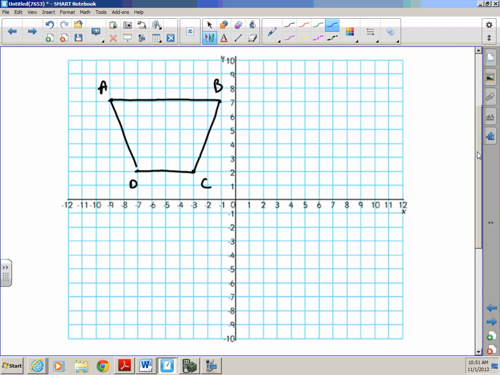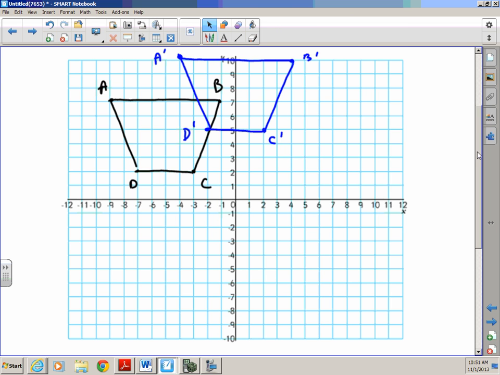Now, instead of the reflection coming first, the translation comes first. So I'm going to move everything 1, 2, 3, 4, 5 over, 1, 2, 3 up. That's new A. That's new B. That's new D. And there's new C. And I am there.